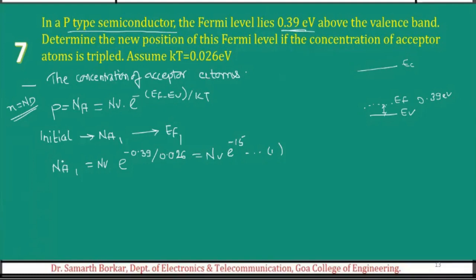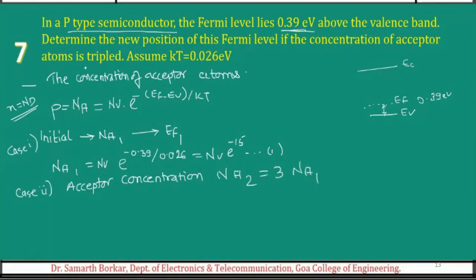Now for the second case, this was for case 1. For case 2, when the acceptor concentration Na2 is 3 times as compared to Na1, tripled, let us mark the new Fermi level as EF2.